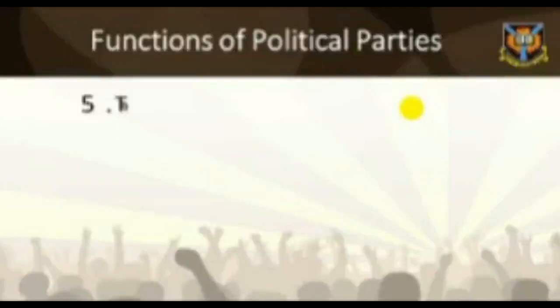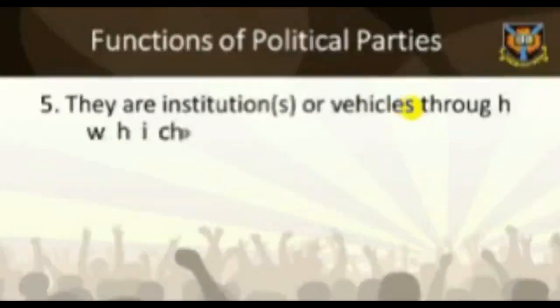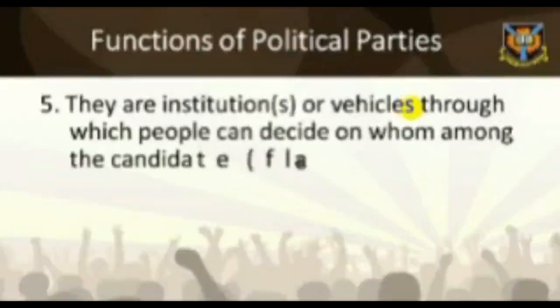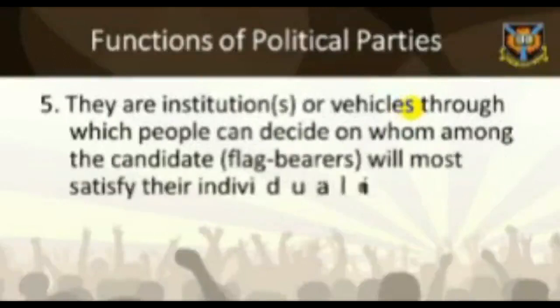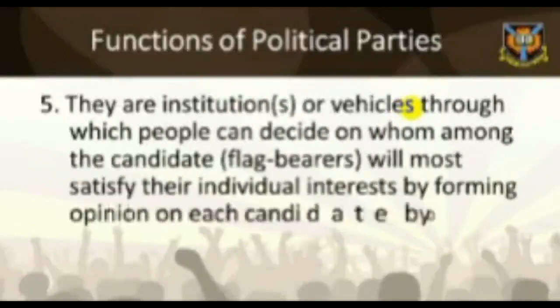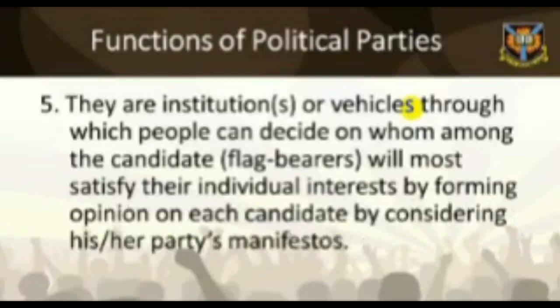5. They are institutions or vehicles through which people can decide on whom among the candidates, that is, the flag bearers, will most satisfy their individual interests by forming opinion on each candidate by considering his or her party manifestos.